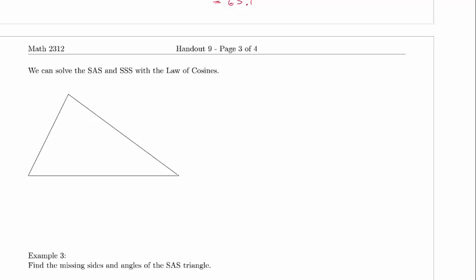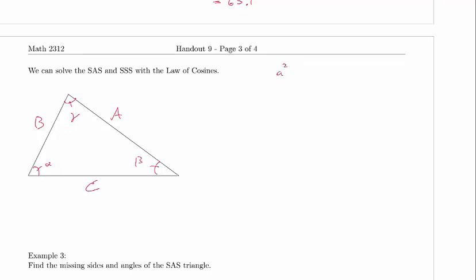First off, let's go ahead and set up our triangle. This is angle alpha with side A, and here we've got angle beta with side B, and here we've got angle gamma with side C on the opposite. And so the law of cosines goes as follows.